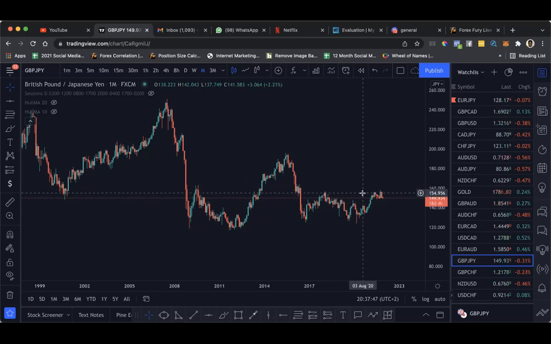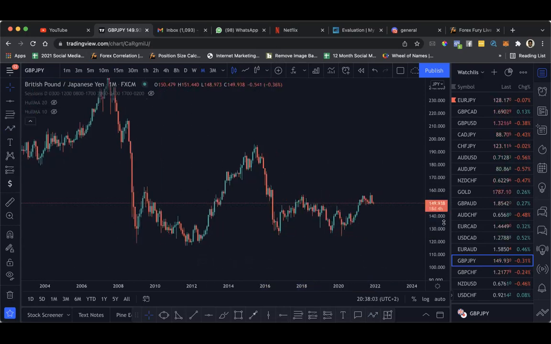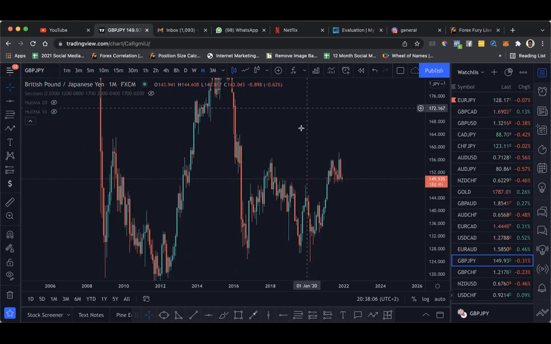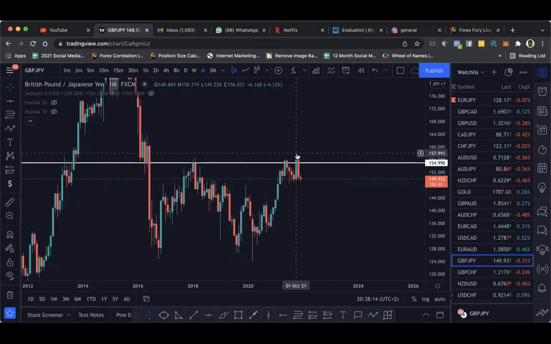Okay, let's see here. What can we see here? You can see something like this here. All right, this high has been broken. This short zone has been broken, and then price has come back down to a supply zone.